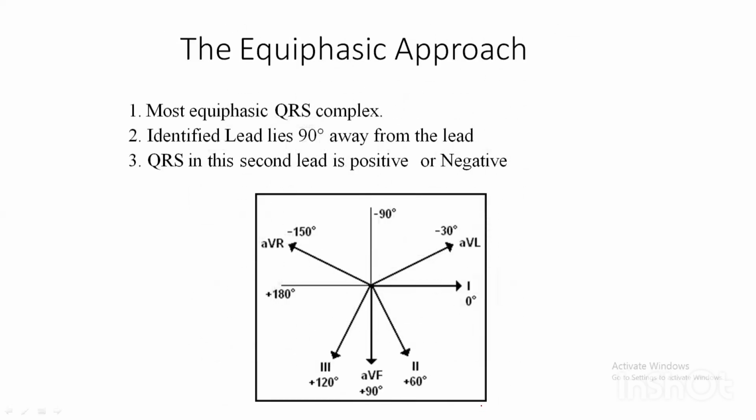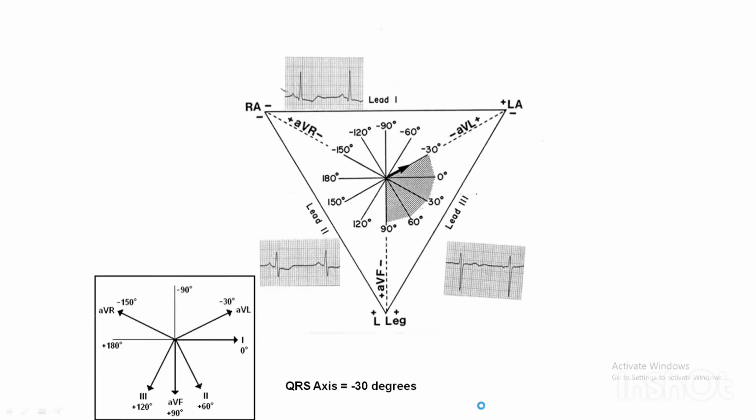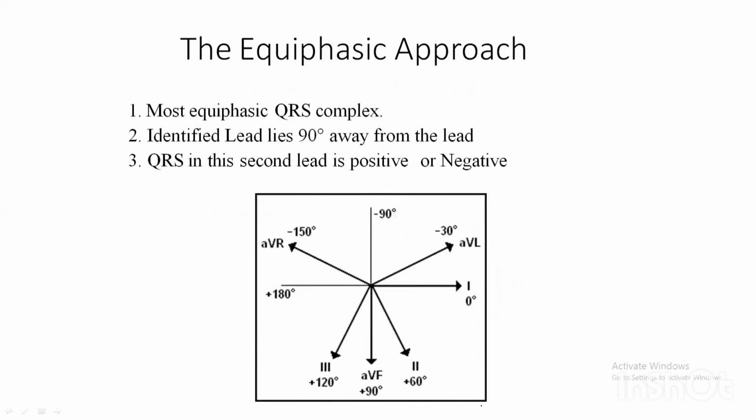The identified lead lies 90 degrees away from the axis of the heart. And here we need to remember this: lead 1 is 0 degree, lead 2 is plus 60, AVF is plus 90, and AVL is minus 30.